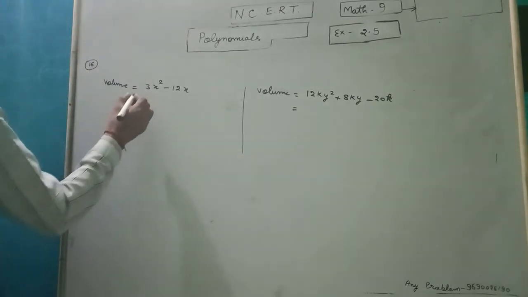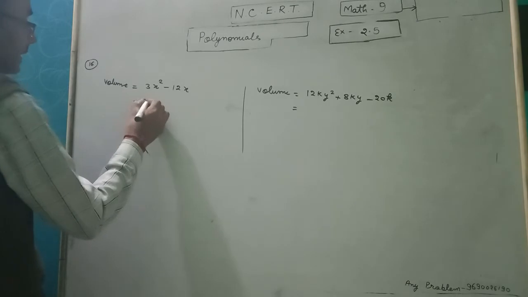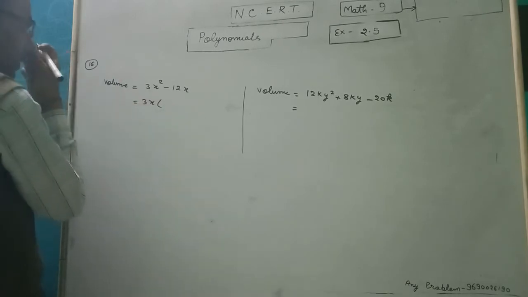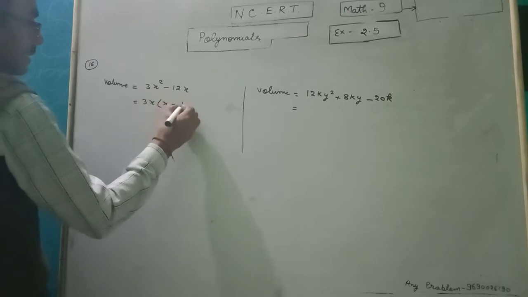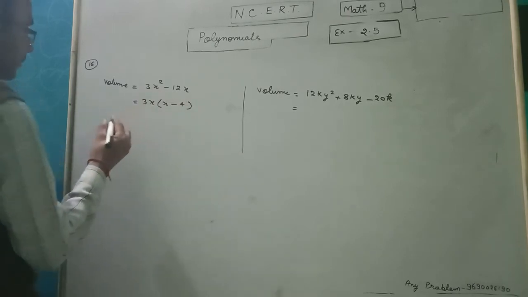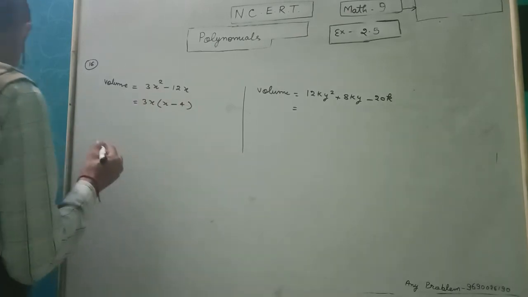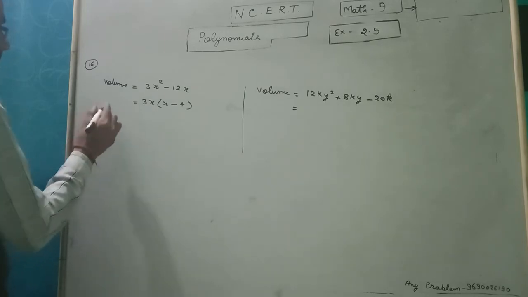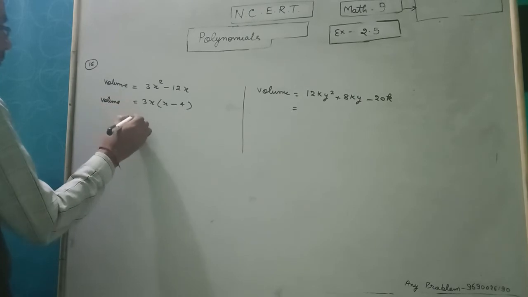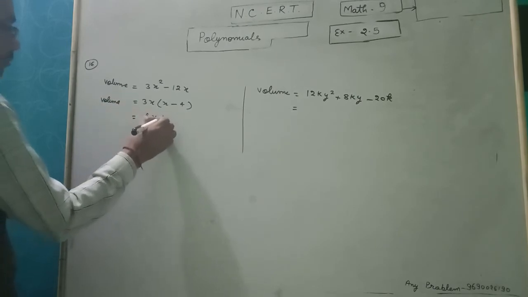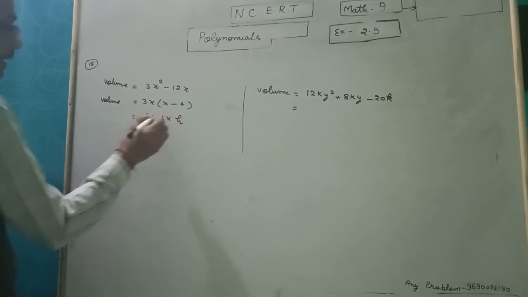Do the factorization. 3x is common. After common, x - 4. That is the volume. Volume will be L into B into H. That is the formula.